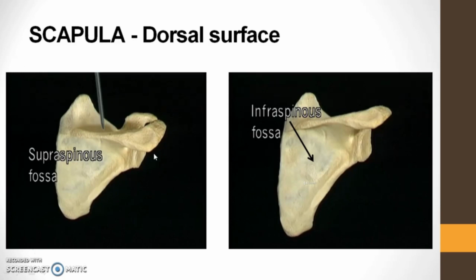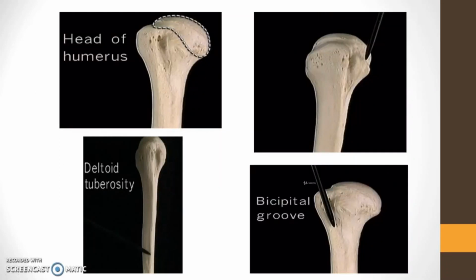In the posterior surface the spinous process is clear, which continues as the acromion process, and above the spinous process the fossa you are seeing is the supraspinous fossa. The upper part of the spinous process has a depression, and that fossa is called the supraspinous fossa. In the second picture you can make out another depressed area below the spinous process, called the infraspinous fossa. That's all about the osteology of the scapula.